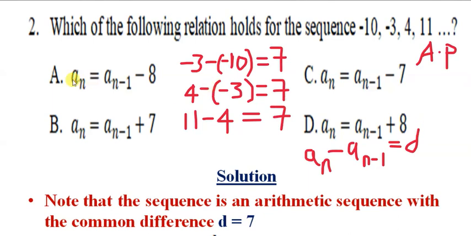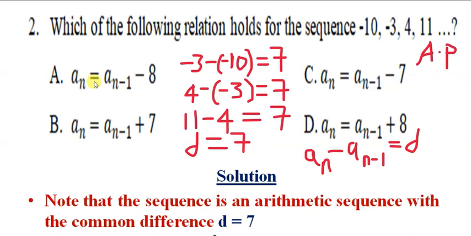Now, observe that we have An minus 1 in A, in B, in C, and in D. But the common difference of this arithmetic progression, d, is equal to 7, since the difference of the successive terms gives us 7. Therefore, that's the common difference. And replace d by 7 here.